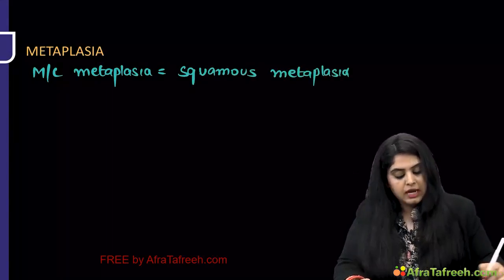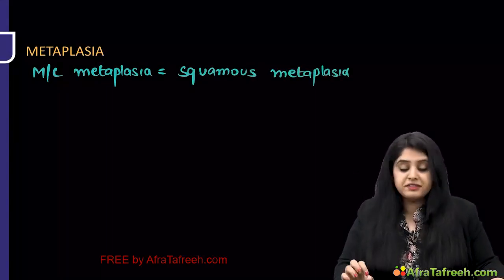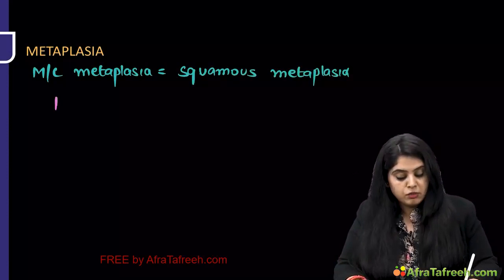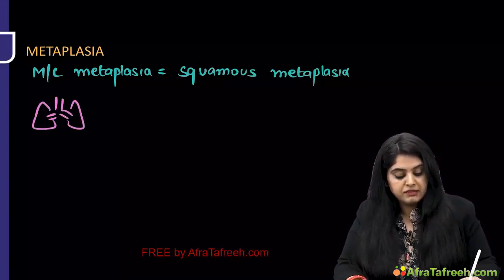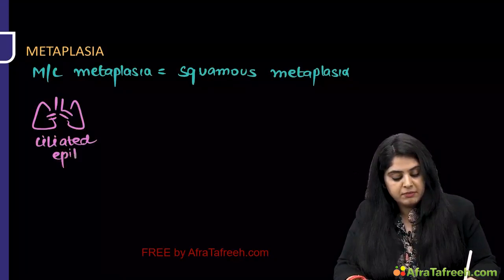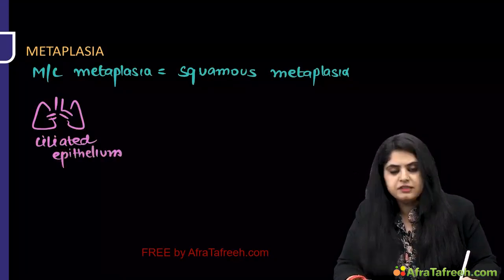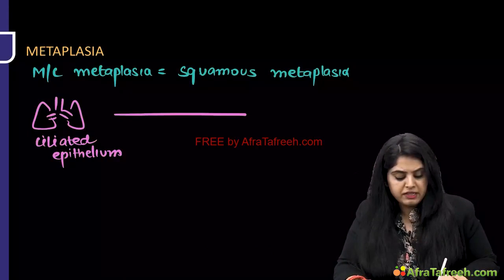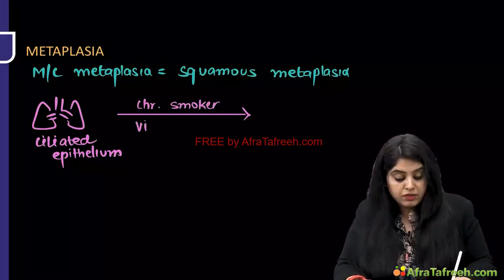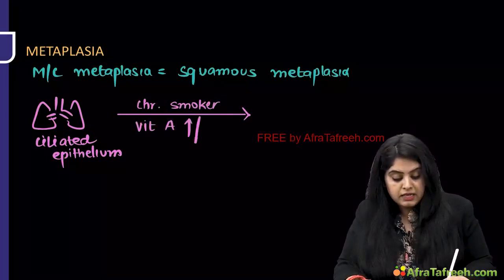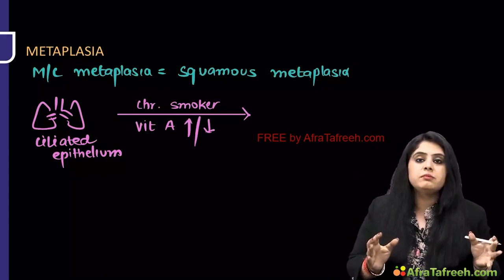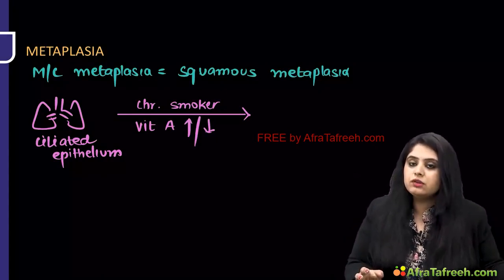So please note, under the squamous metaplasia, there's a very important question. This is what you see in the lungs. In the lungs, which epithelium do we have? The lungs usually have the ciliated epithelium. However, if you're dealing with a patient who's a chronic smoker, who has been smoking for a very long time, or someone who has vitamin A derangements, when I say derangement, it means excess of vitamin A can also cause a problem.